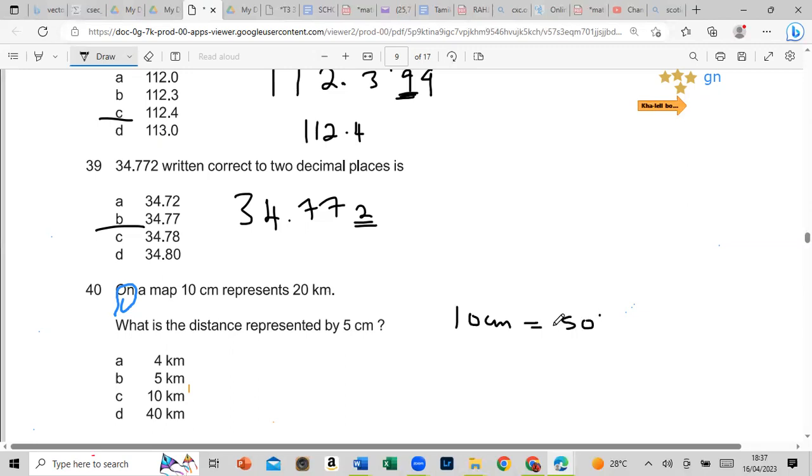So this will be 20 kilometers. So 1 centimeter represents, right? We divide this by 10, which gives us 1 centimeter is going to represent 2 kilometers. So to find out for 5, we simply say 5 times 2.